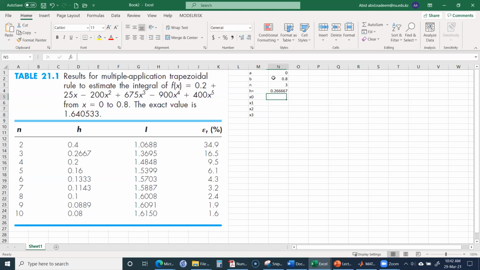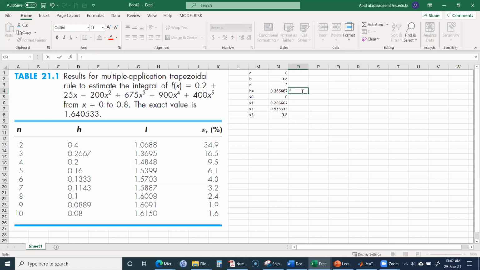So x naught is equal to a, and x1 is equal to x naught plus h. Similarly, x2 is equal to x1 plus h, and so on. So here we have calculated these values.